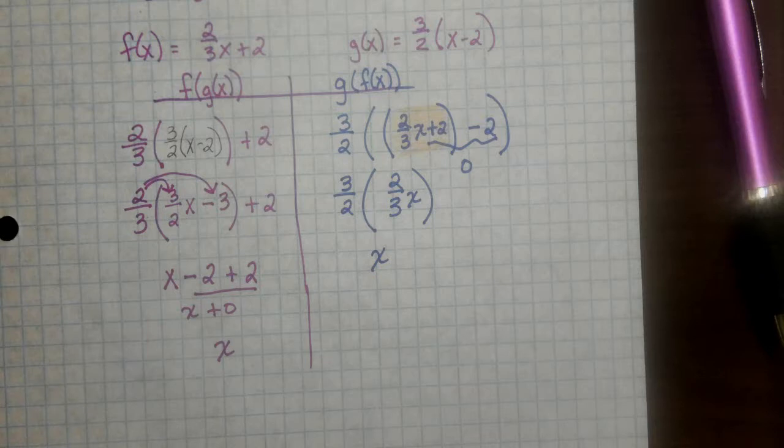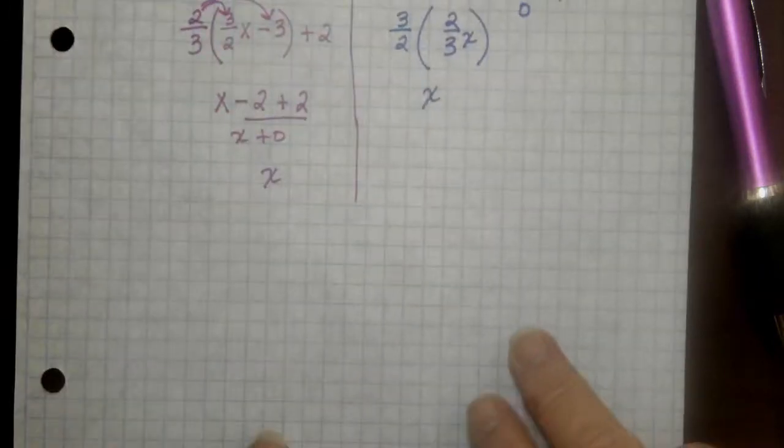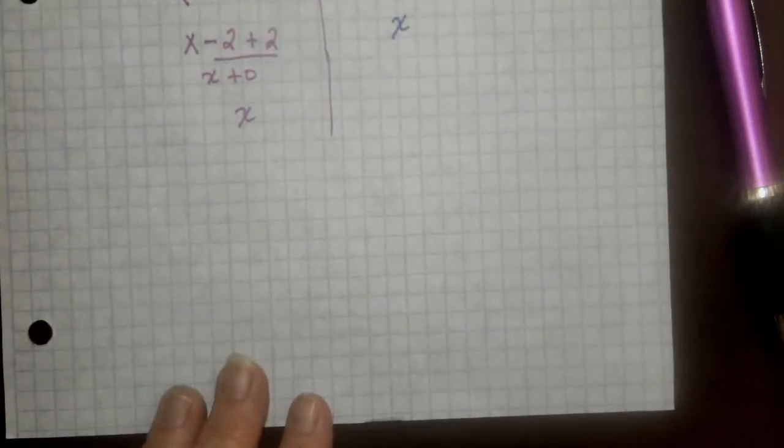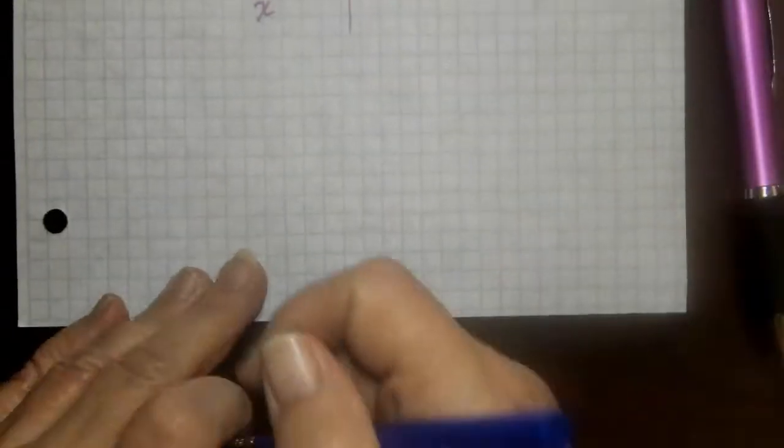Alright, you ready to try this? You're doing a proof, a verification. Now you're going to try these two.